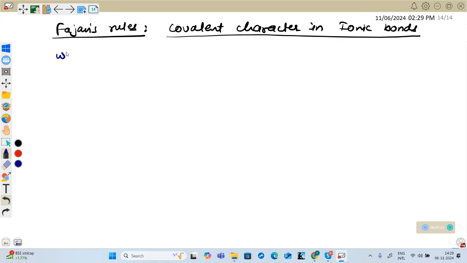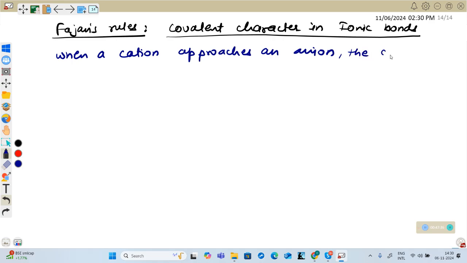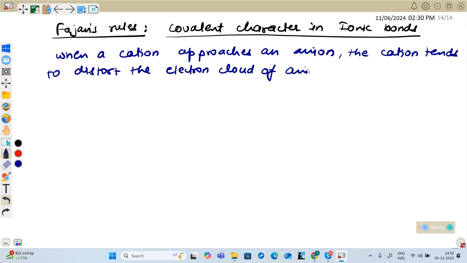They are saying when a cation approaches an anion, the cation tends to distort the electron cloud of the anion and attract it towards itself.